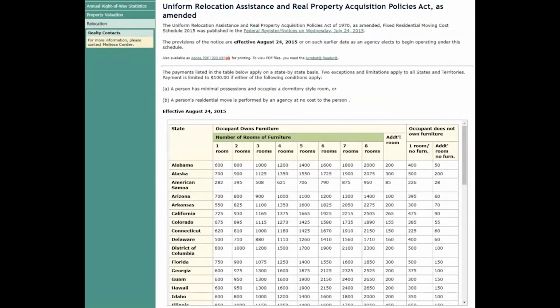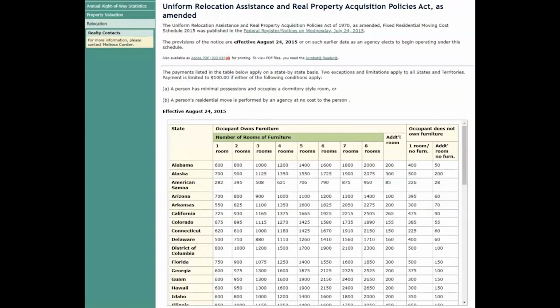First, the applicant will select the number of rooms of furniture within the dwelling they are being displaced from. Remember, bathrooms, hallways, and closets do not count towards rooms of furniture. Or, if the applicant does not own any furniture that needs to be moved, for example, they lost all of their furniture in the disaster, then the applicant can look at the occupant does not own furniture columns to determine their fixed costs.